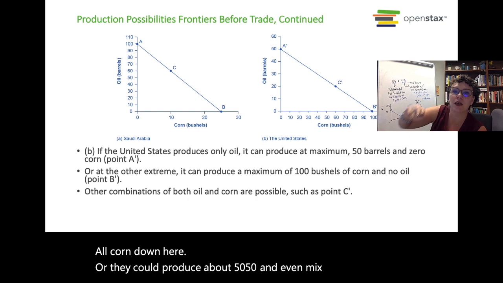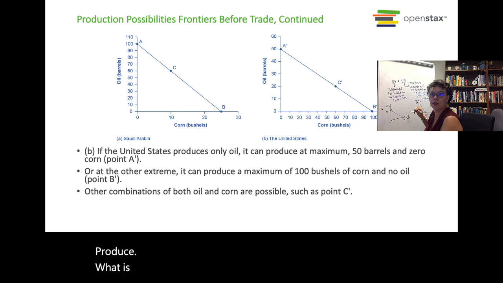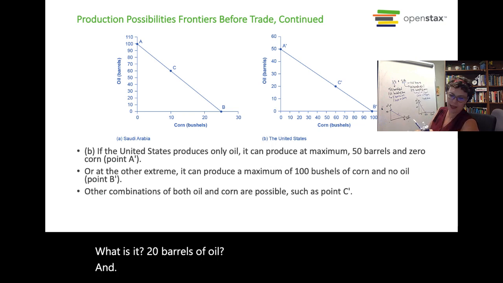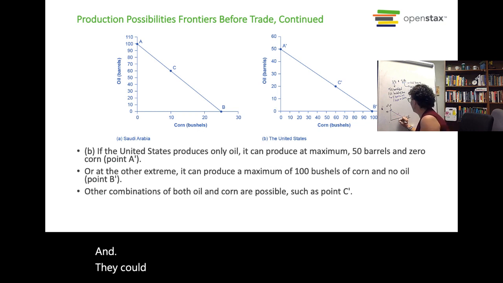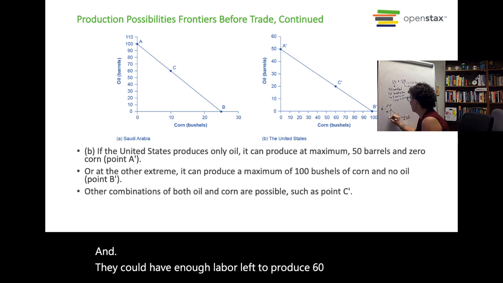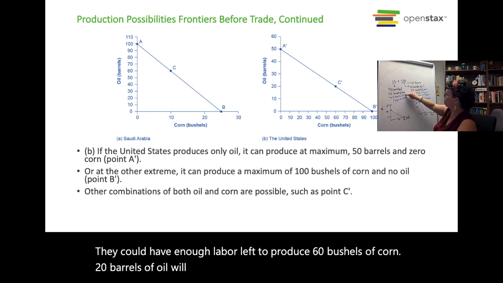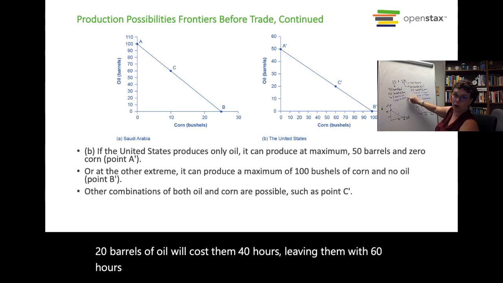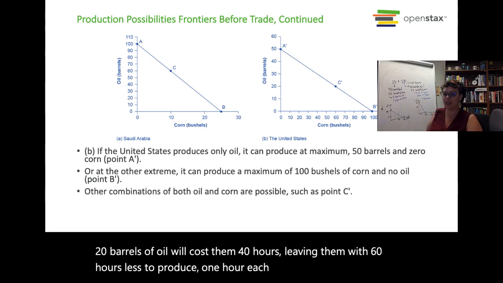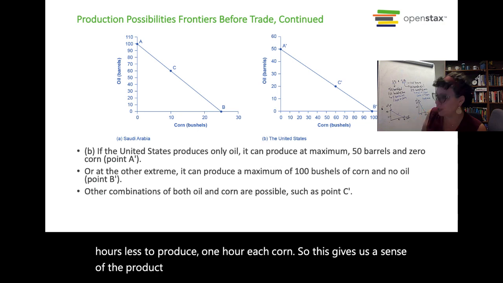They could produce 20 barrels of oil, and they could have enough labor left to produce 60 bushels of corn. 20 barrels of oil will cost them 40 hours, leaving them with 60 hours to produce corn at 1 hour each. So this gives us a sense of the productivity of each country.